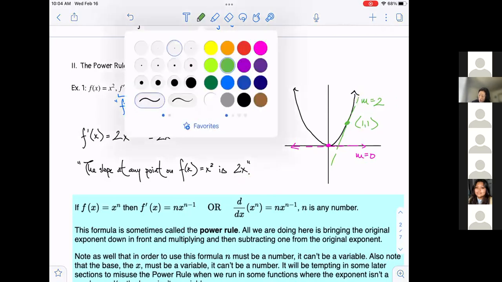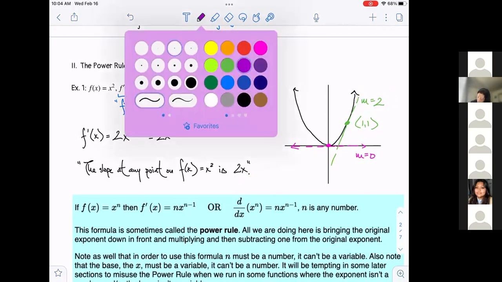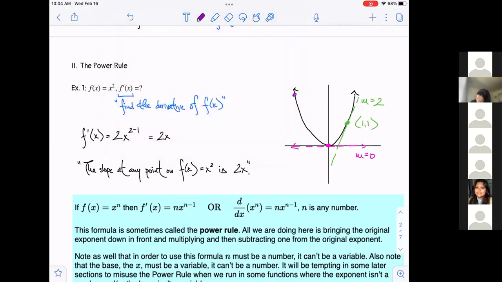All right, let's pick a third point. Let's say this point is -2, 4. Is the slope here positive or negative? Nice, right, exactly.